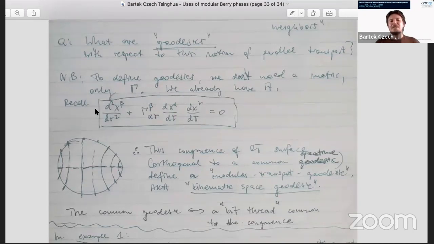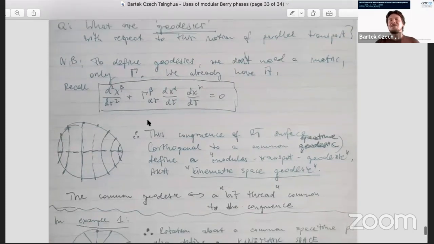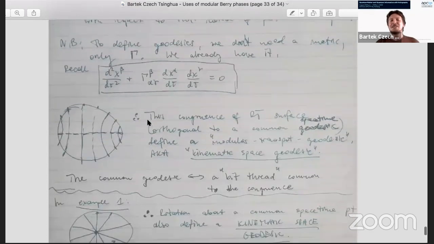It's not a perspective emphasized in GR classes, but it's perfectly possible to solve for geodesics when you have a connection, without the space being a metric space. Since we already have a connection, we can ask: what are the geodesics with respect to this connection?